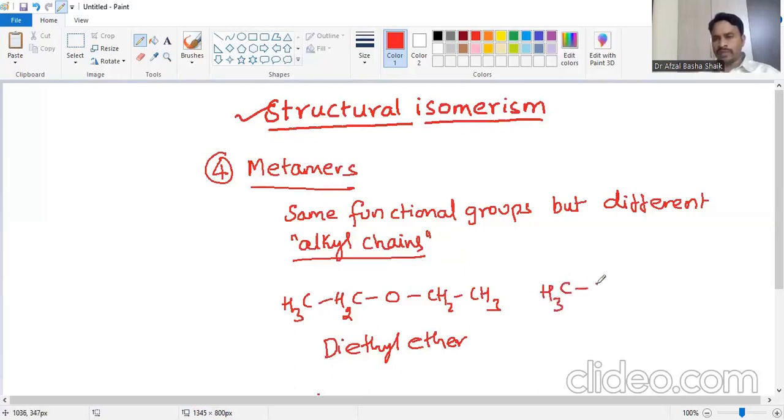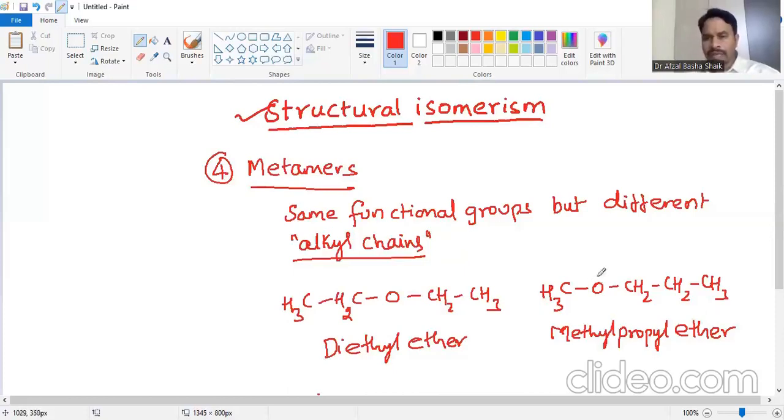Similarly, if you see this molecule on the other hand, this is a methyl group and this is a propyl group. This is called methyl propyl ether. So the common point is that both of them have ether linkage, but the alkyl chain is different.